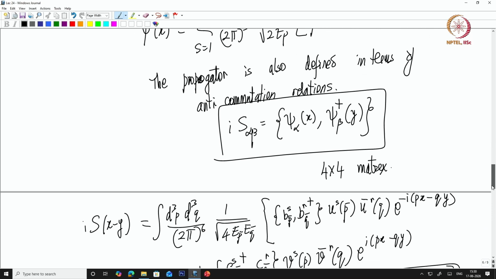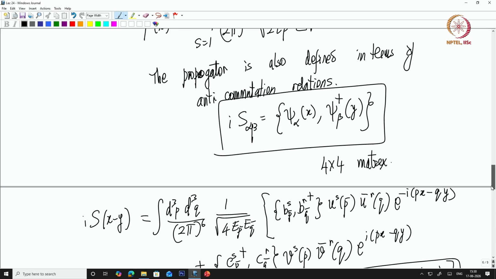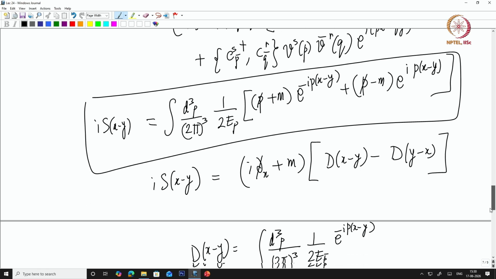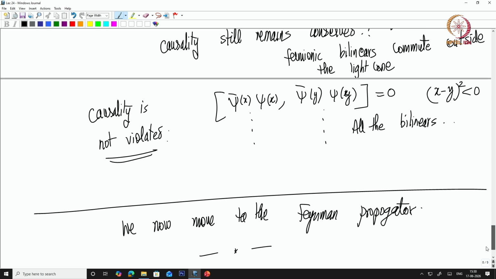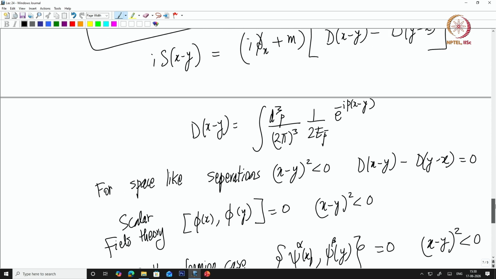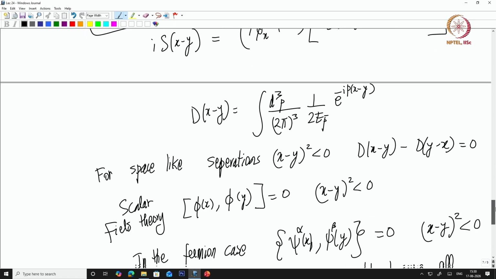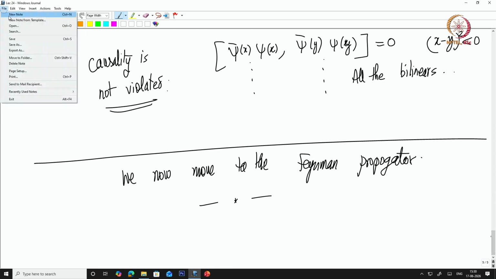The propagator here is not a vacuum expectation value; it is just the correlation function defined in terms of anti-commutation relations. We have seen its properties, questioned what happens outside the light cone, and derived the equation of Green's function for this case. So let me stop here. In the next class, I'll move to the Feynman propagator and other related aspects.